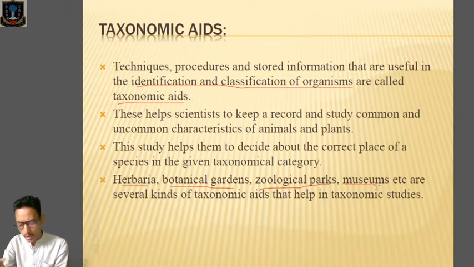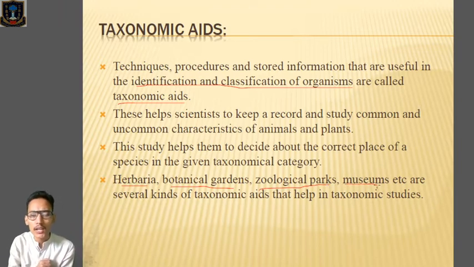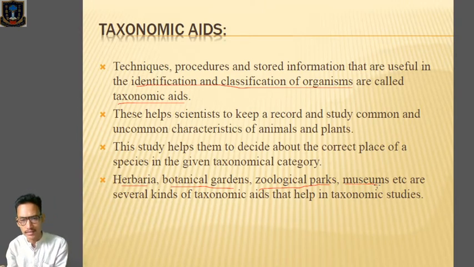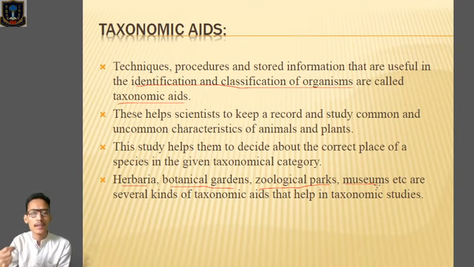So these are a few of the taxonomical aids which are being used for the identification and classification of organisms or which are used for taxonomic studies. Clear? So what are the uses of these taxonomic aids?